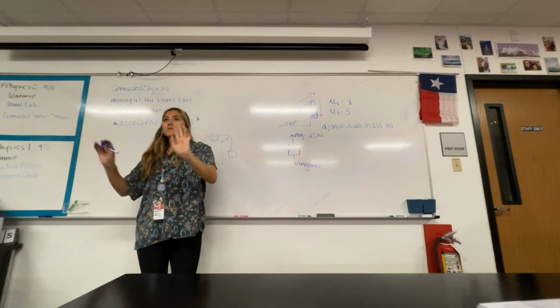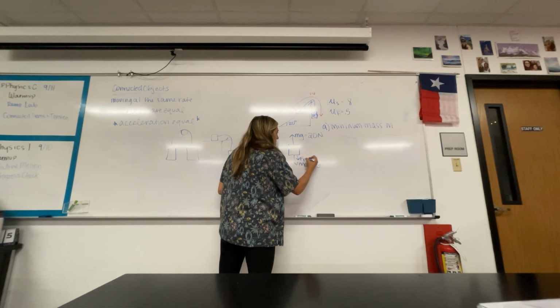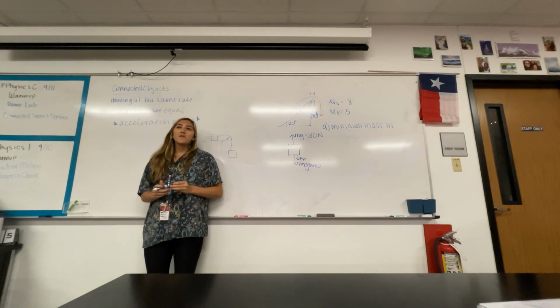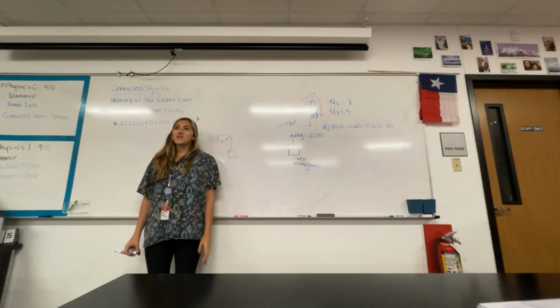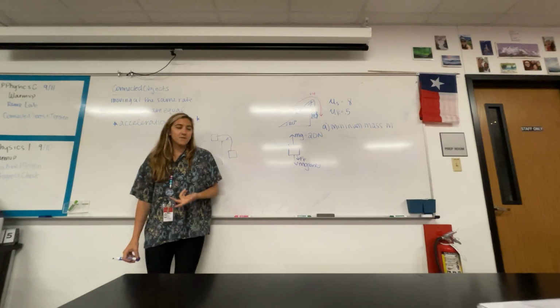Here's the good news. If you don't know which way friction's going, you will figure it out. When you do the math, it will come clear. In any of these situations, if you're not sure which way friction is acting, it will come clear.